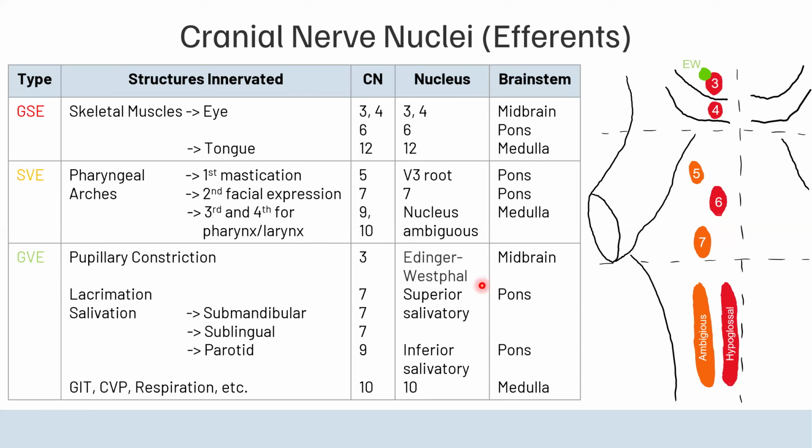What nucleus does this relate to, you guys, when it actually goes towards the target organ? Which ganglion? Inferior colliculus. Okay, so what is the inferior colliculus responsible for? The ciliary ganglion. Yes, there we go.